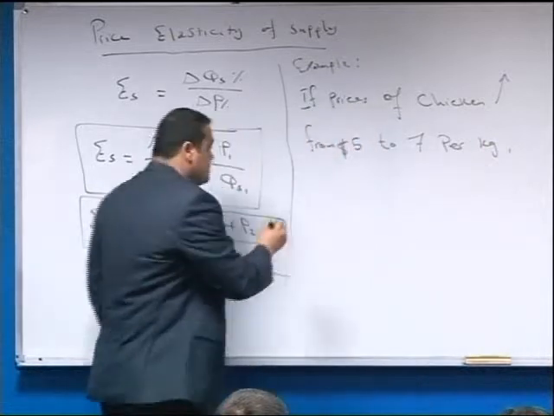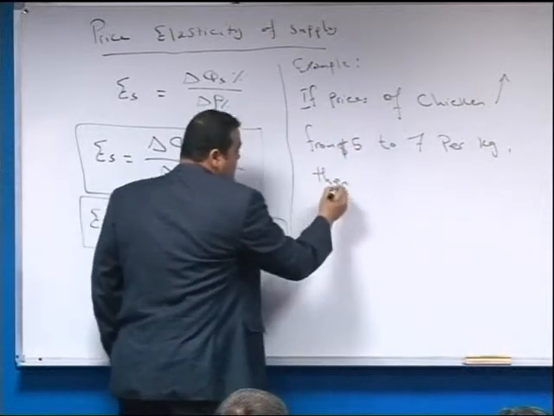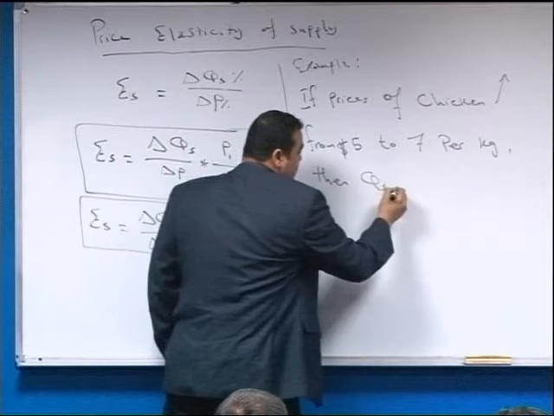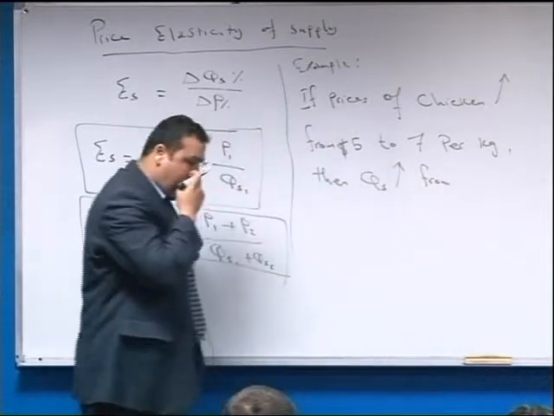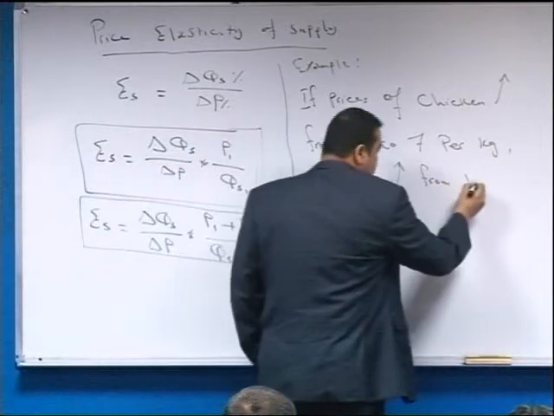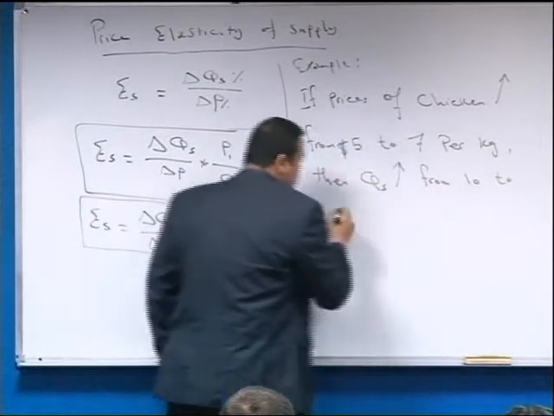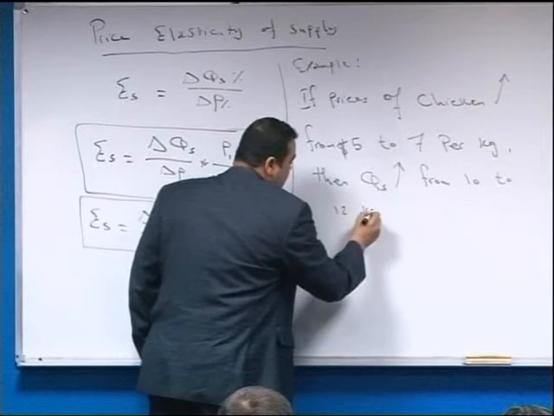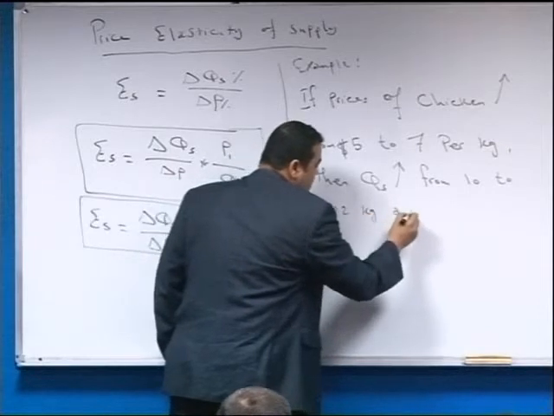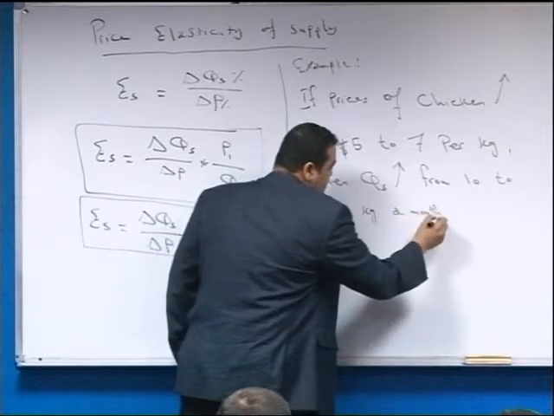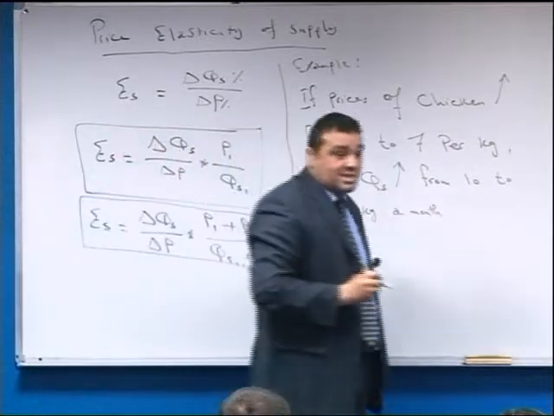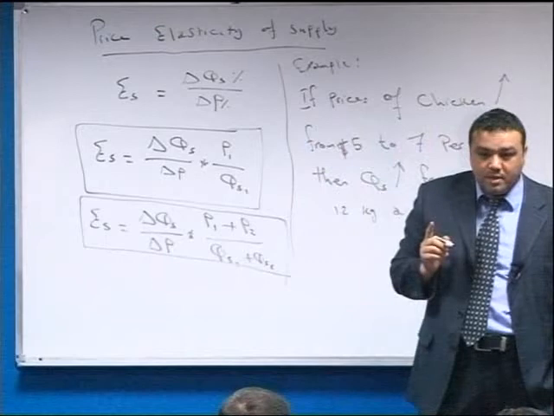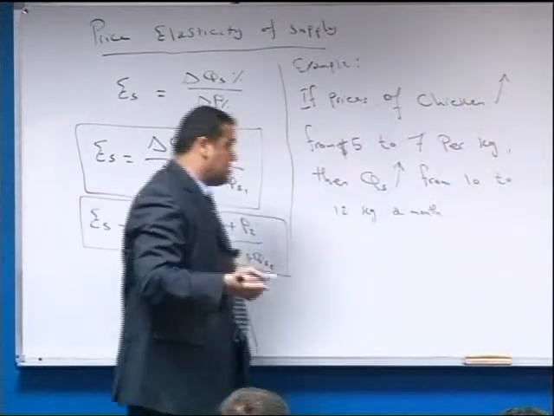then the quantity supplied increased from 10 to 12 kilograms a month. Calculate the price elasticity of supply.